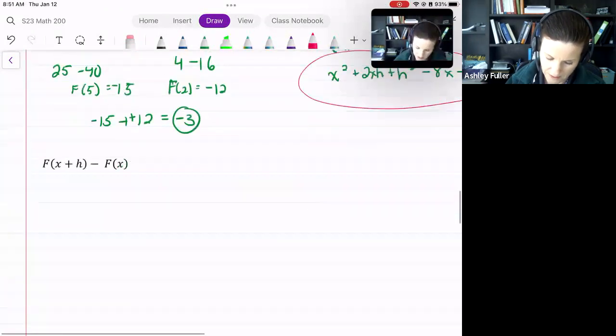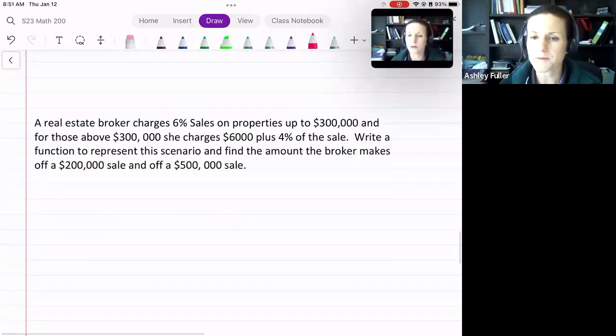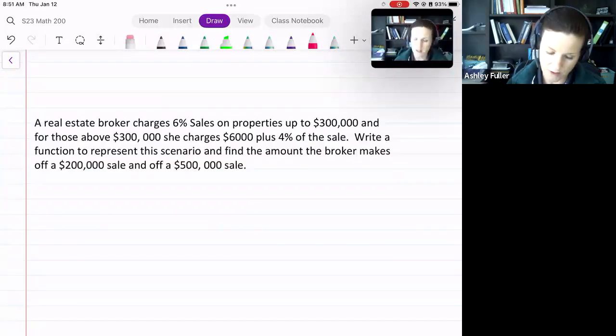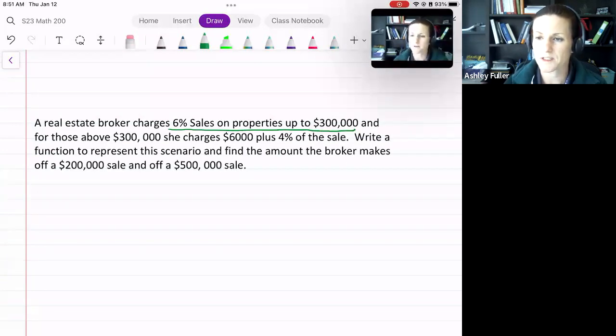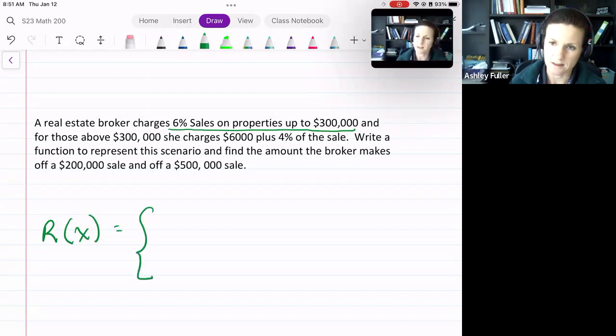Being able to understand these rules of functions comes in handy when we're dealing with word problems. For example, here, if we have a real estate broker that charges 6% sales on properties up to $300,000, and for those above $300,000, she charges a $6,000 flat fee plus a 4% sales tax, we can write a function. Her revenue is going to become two different calculations.